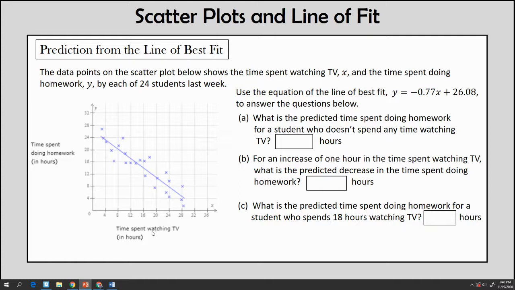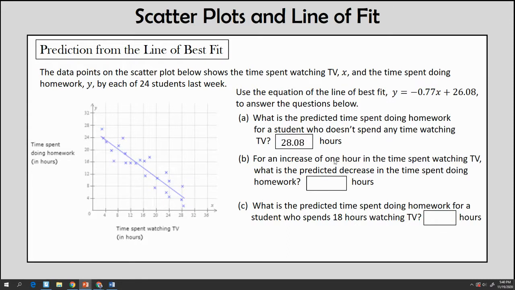Remember, the time watching TV was X. So if I put 0 in place of X, that's going to tell me the y-intercept, which is 26.08. Oops, I wrote 28. It should be 26.08. So a kid that doesn't watch any TV, we would expect them to do about 26.08 hours of homework.